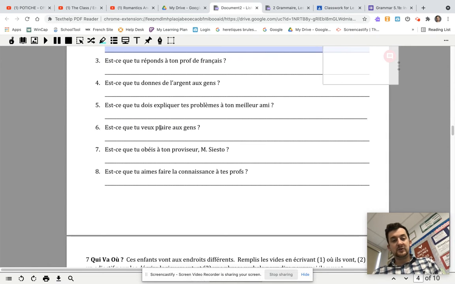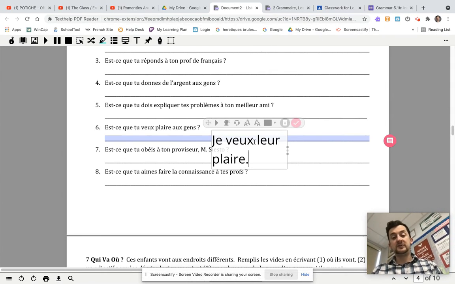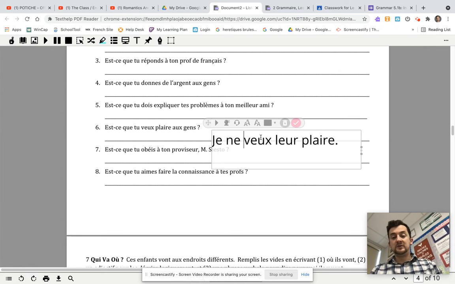6, do you like to please people? So in French they say you please to people instead of do you please people. So let's do this as an example of modal ones. Je veux leur plaire. I want to them be pleasing. D'accord? Or je ne veux pas leur plaire. I don't want to them be pleasing.